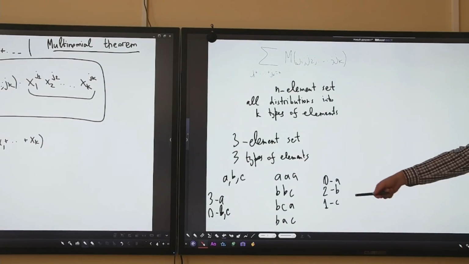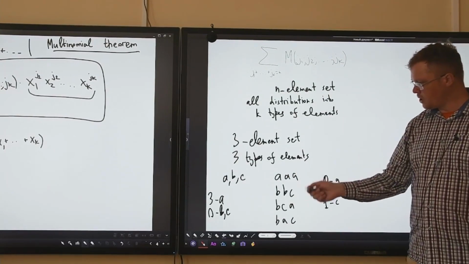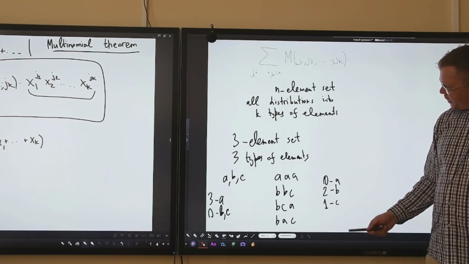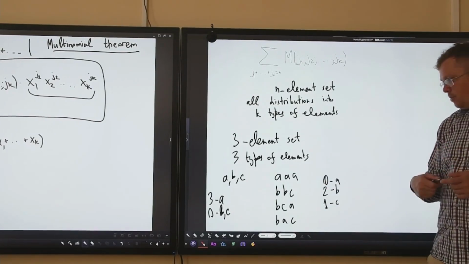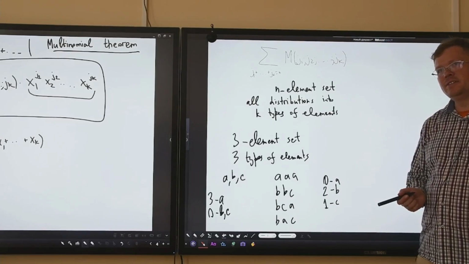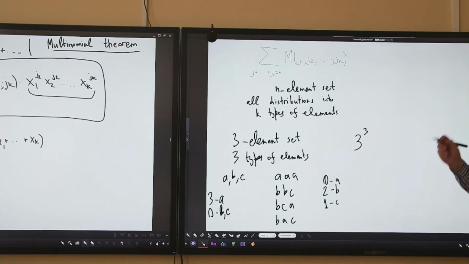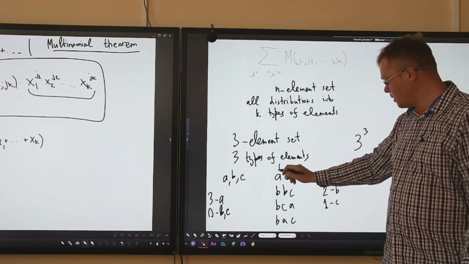So how many possible words can I have? No, it's not 3 factorial. It's not just the permutations of ABC, but yeah, it's the same as the arrangement with repetitions. Yes, arrangement with repetitions, because I care about the places.